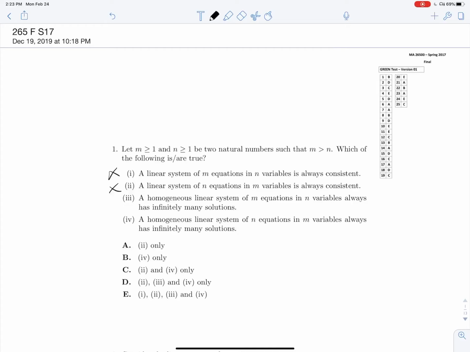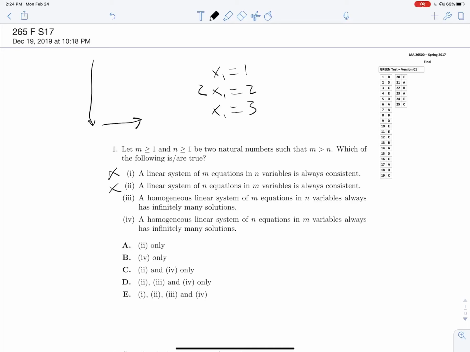Okay, 3, a linear homogeneous system of m equations in n variables always has infinitely many solutions. So more equations than we have variables, so it will be taller than it is wide. And they're saying that always has infinitely many solutions. So let's go back to the one variable, and let's go 3 equations this time. x1 equals 1, 2x1 equals 2, and x1 equals 3.